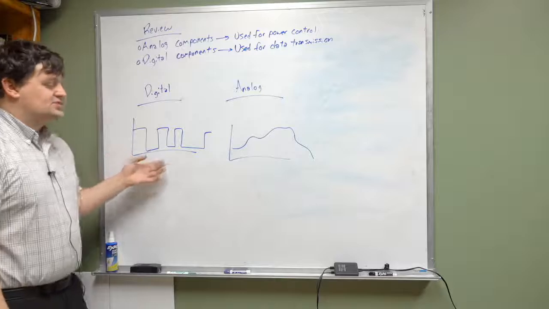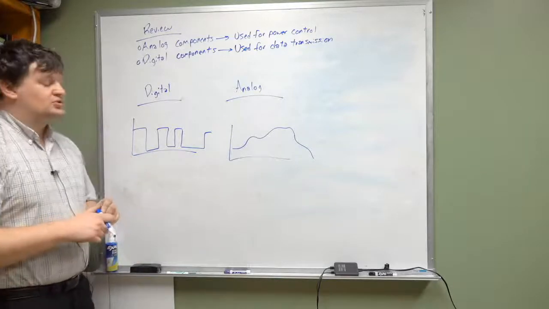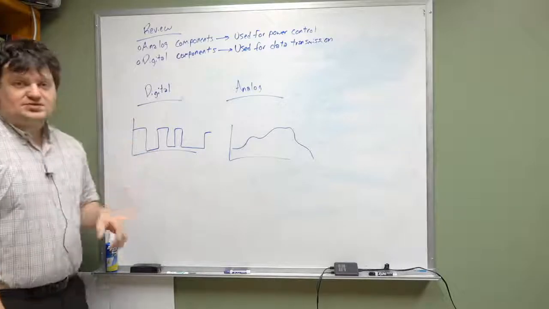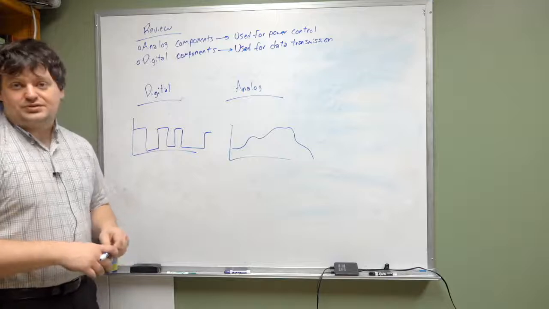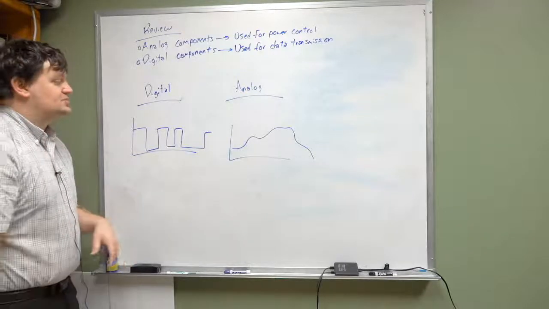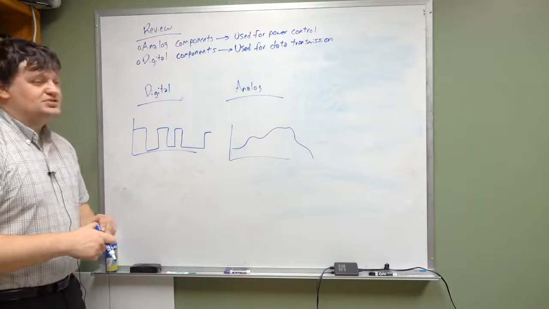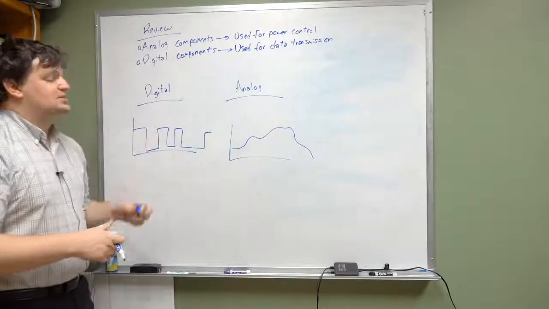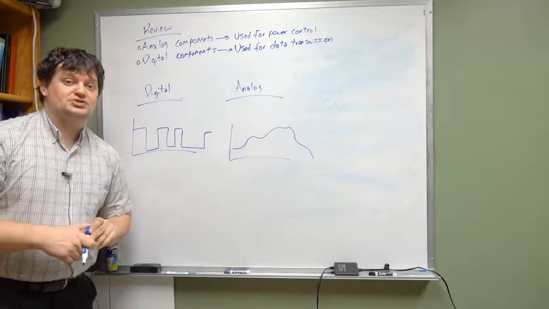Digital systems, at the moment, until we really invent quantum computing, only have 2 values. Analog systems can have an infinite number of values. So, big difference between the two. Anytime you're looking at digital components, you're looking at things that transmit digital information.